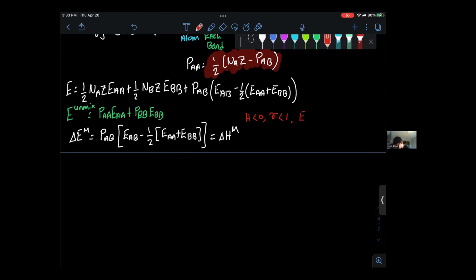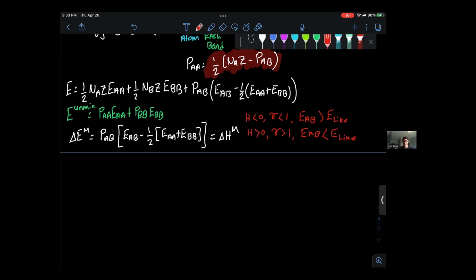So this means the energy of the AB bonds is larger than the energy of like bonds, and vice versa. If we have a positive enthalpy, we have an activity coefficient greater than 1, so our AB bonds are going to be less than the energy of our like bonds.